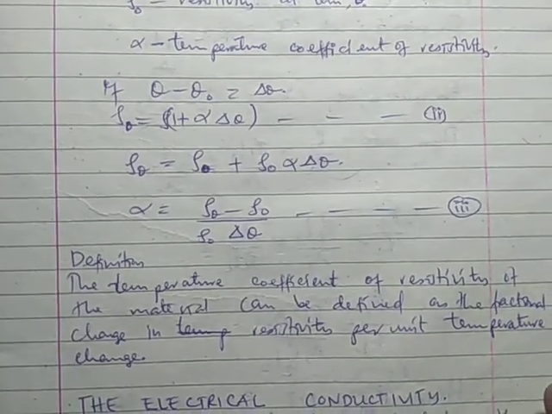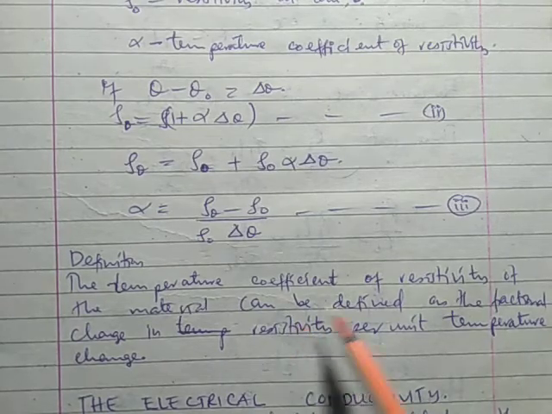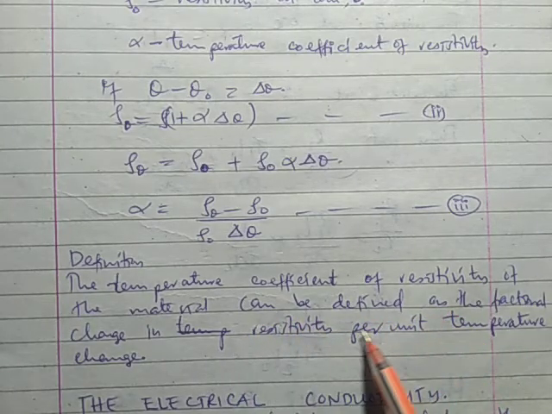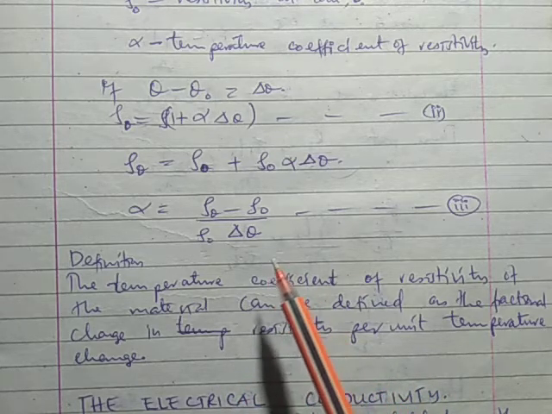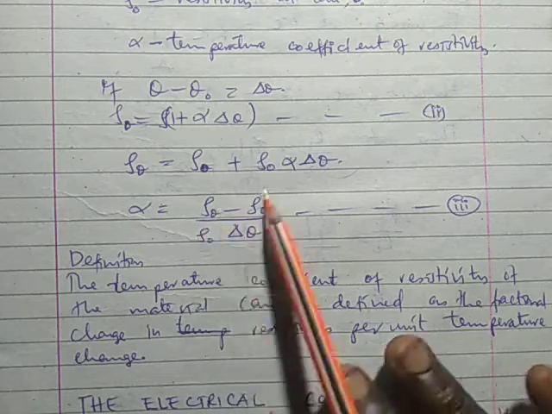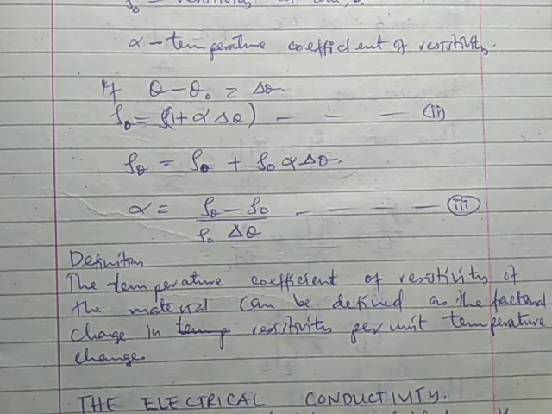What will change is simply the definition. The temperature coefficient of resistivity of a material is defined as the fractional change in resistivity per unit temperature change, that means change in resistivity divided by original resistivity, per unit temperature change.